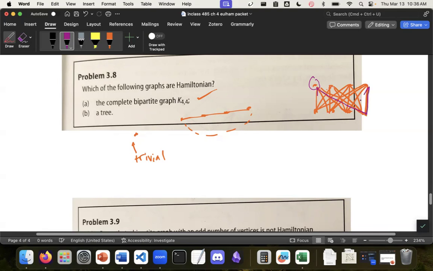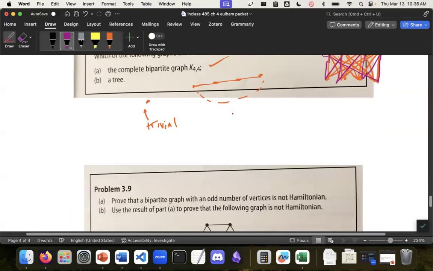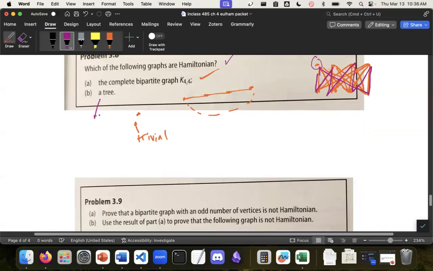Exactly. Yeah. Great. All right. So this is our definition of semi-Hamiltonian, which is where we find a path instead of a cycle.